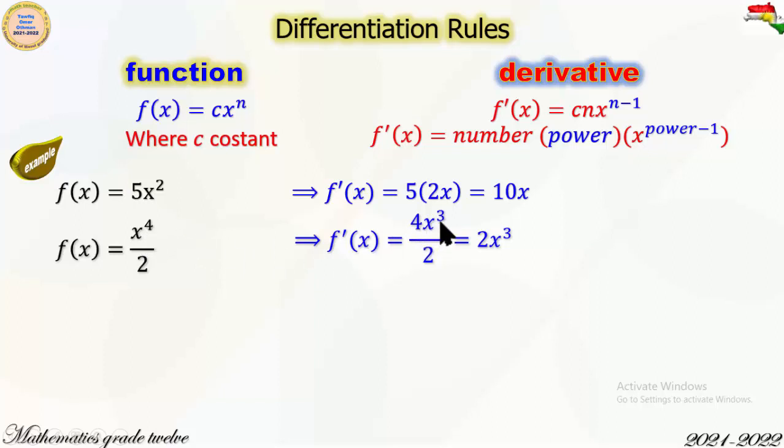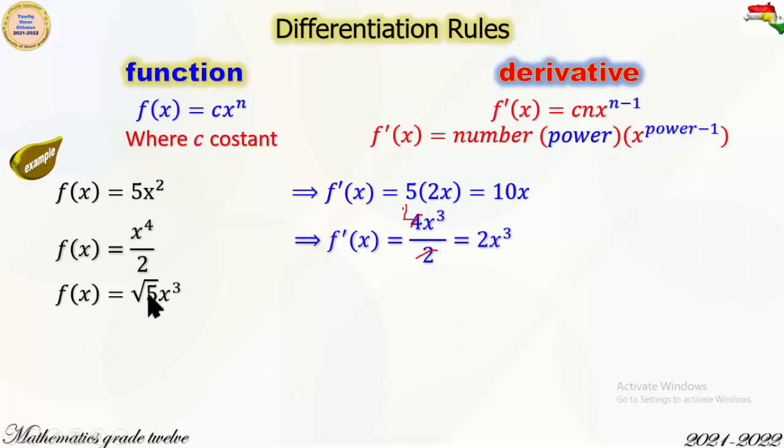That means 4x to the power 3. Cancelling 2 with 4, it becomes 2, therefore remain 2x cubed.